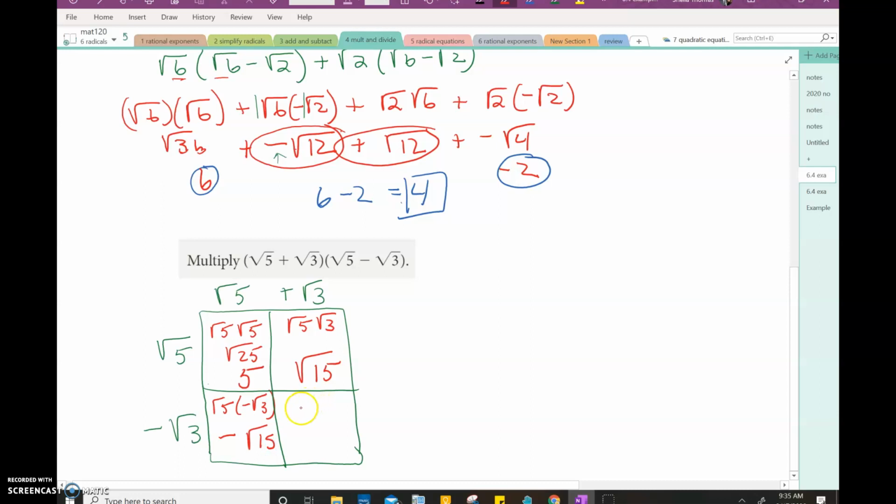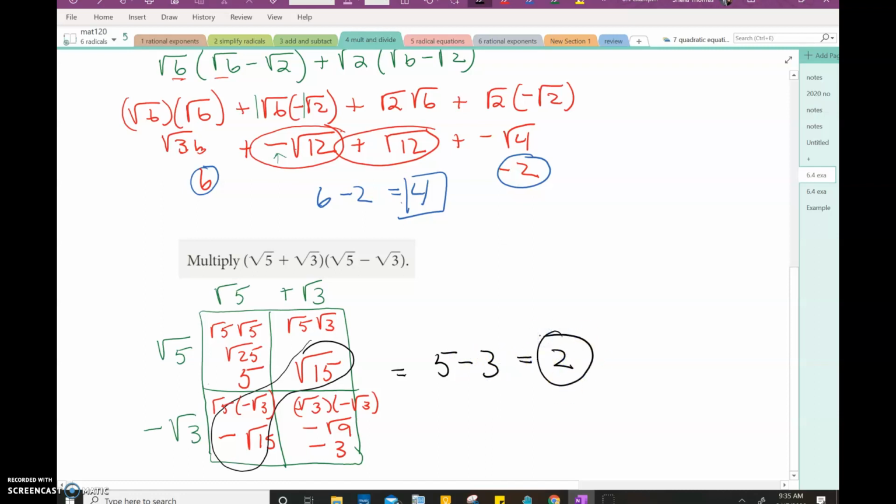And the last one would be a radical 3 times a negative radical 3, which gives me a negative radical 9, which is negative 3. Noticing those two eliminate each other, so I end up with just 5 minus 3, which is 2. Final answer.